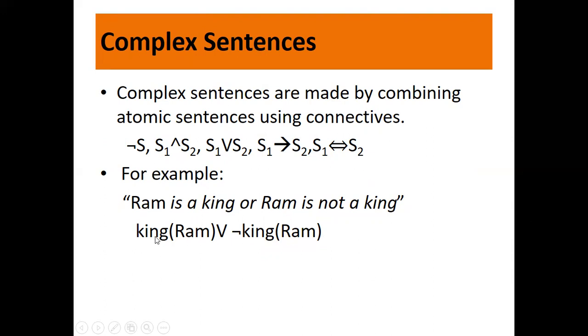King is a predicate. Ram is an object of this. You can even think of it as a class and object. King is a class. Ram is an object of the class. So Ram is a king, or Ram is not a king. Remember the negation here, right? So this is a complex sentence where two atomic statements are joined using the connective or. Is it clear?